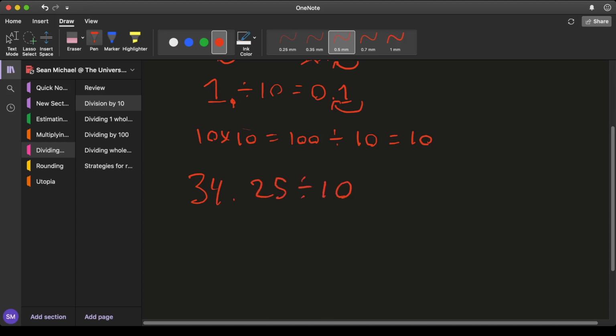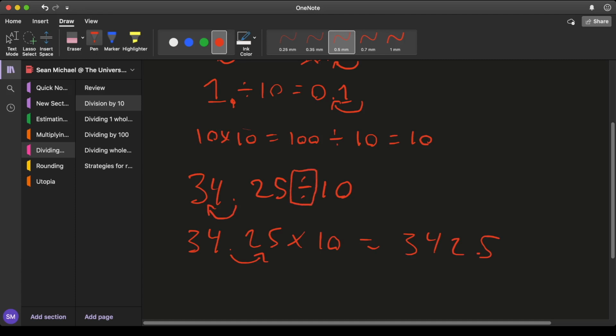Well, let's actually look at it first. If we were going to multiply 34.25 by 10, what would happen? Well, we know that the decimal would go forward like this, so we'd actually end up with 342.5. But with division, it goes the other way. It goes this way. Remember, if it's division, we go to the left.